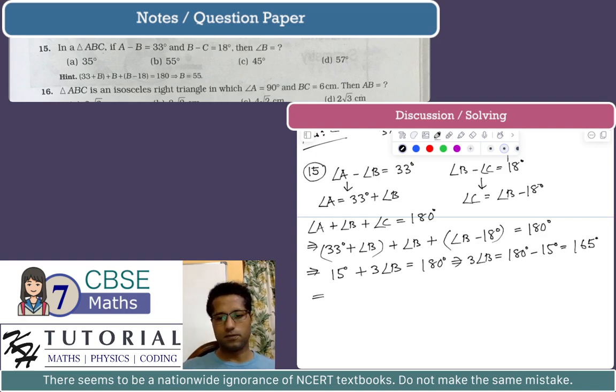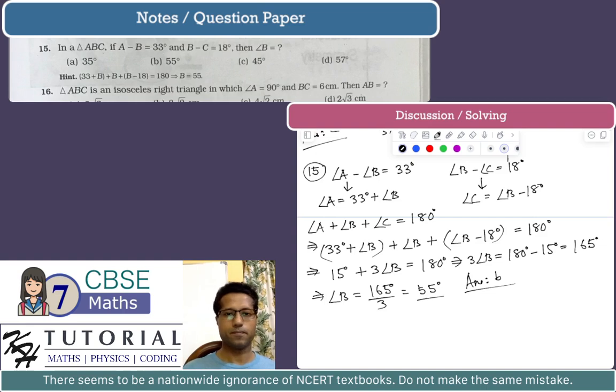So this implies angle B is equal to 165 degree divided by 3, which is 55 degree. So the correct choice is B.